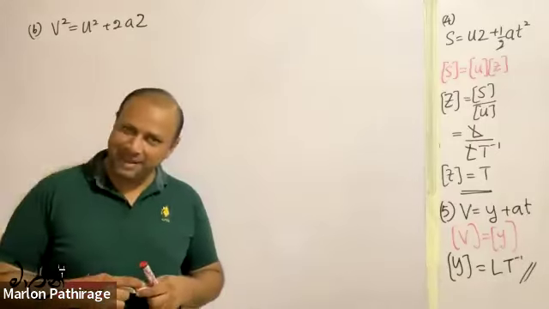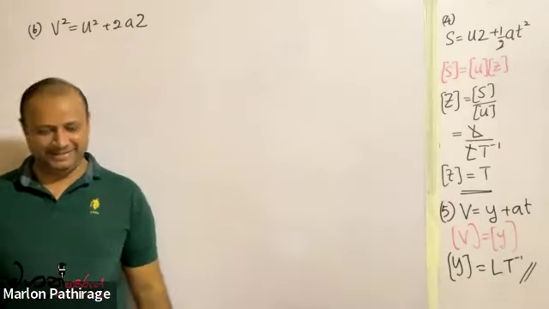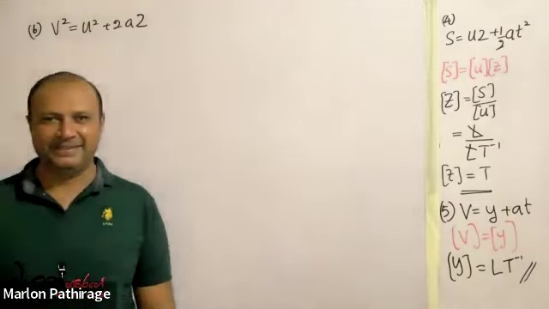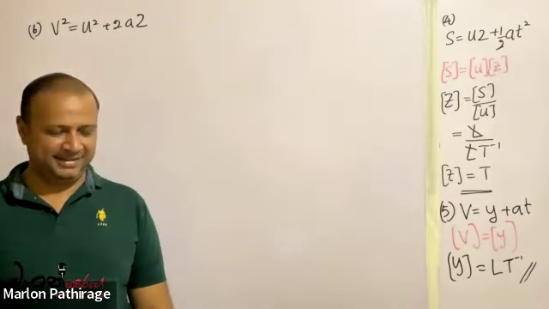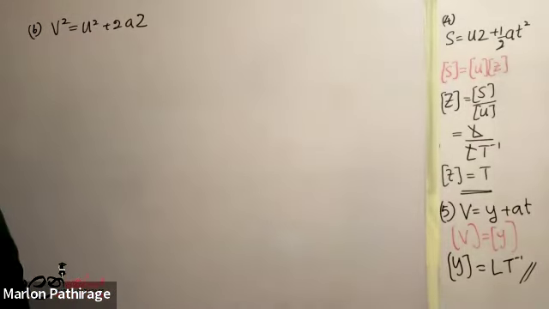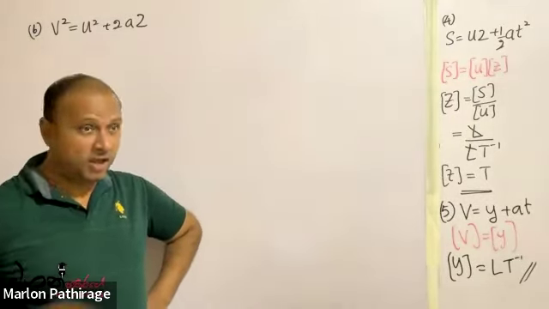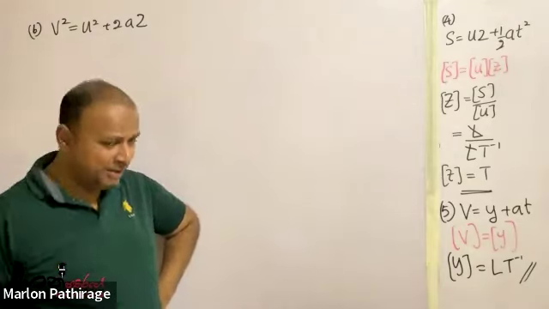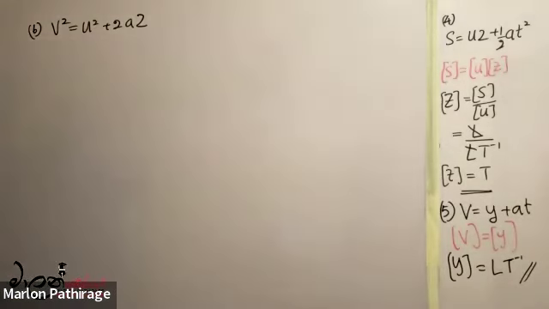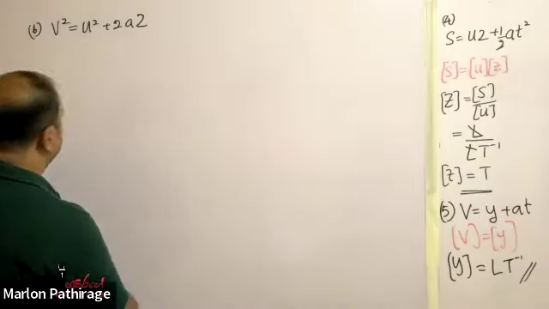Now tell me what would be the argument? All terms should have the same dimension. Yes. All terms in an equation. You have to mention the entire argument. All the terms in an equation should have the same dimension.